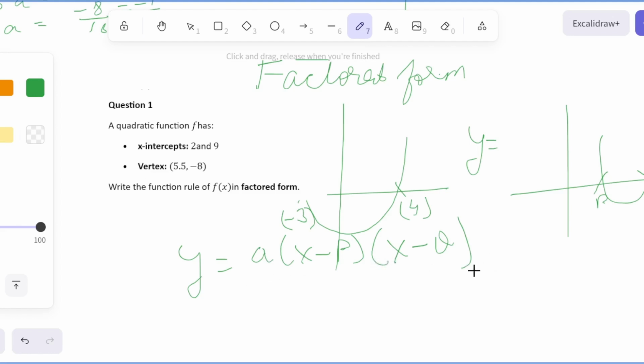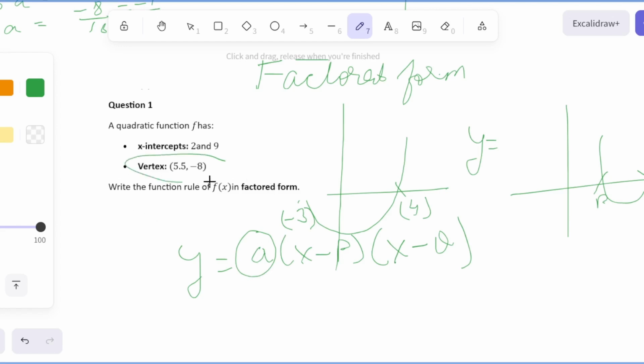Again, we need some point to find the equation, because we need to find the value of a. Even if the x-intercepts are given, we still need a point.